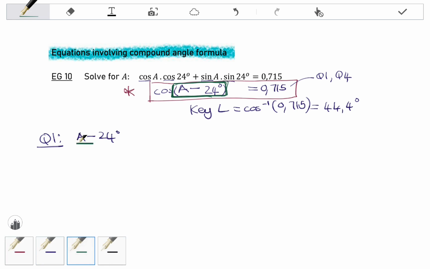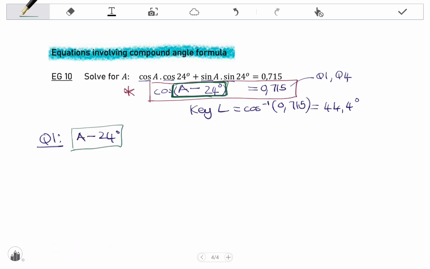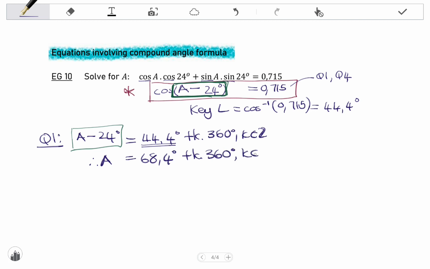So this is where the full angle becomes important. Angle equal to the key angle, which is 44,4 degrees, plus k times the period of the cos graph, k is an element of integers. Solve for A. So you're going to be adding 24. Add 24 to the 44,4, and that gives you 68,4 degrees plus k times 360 degrees. So there's your first general formula.